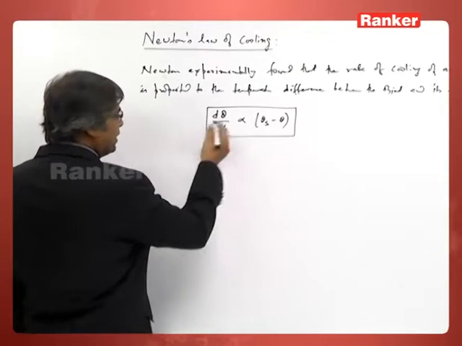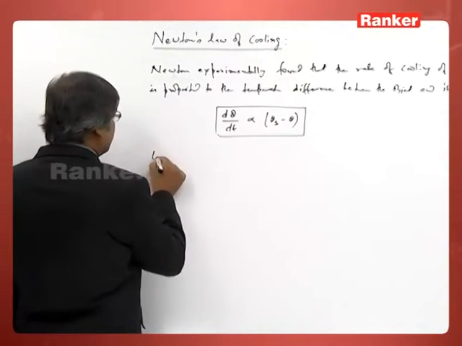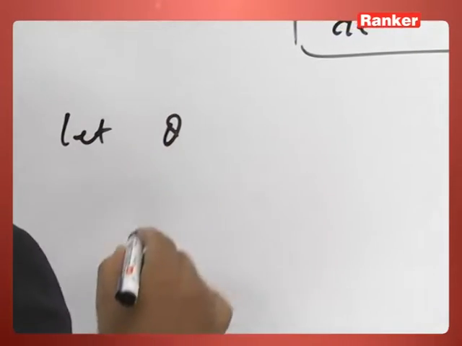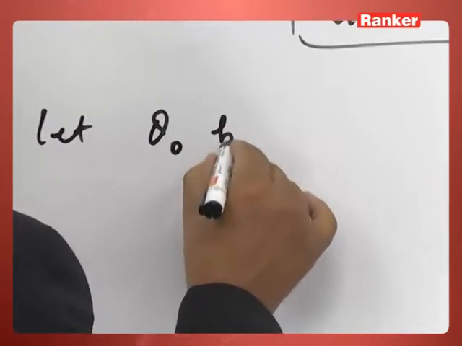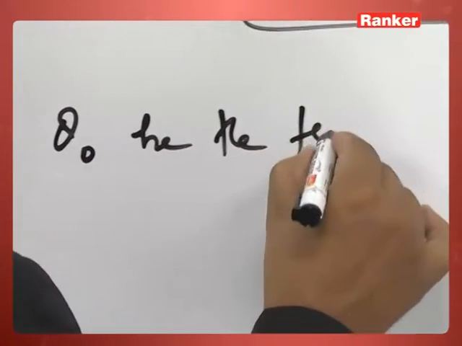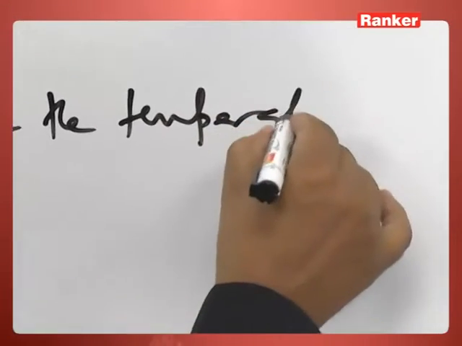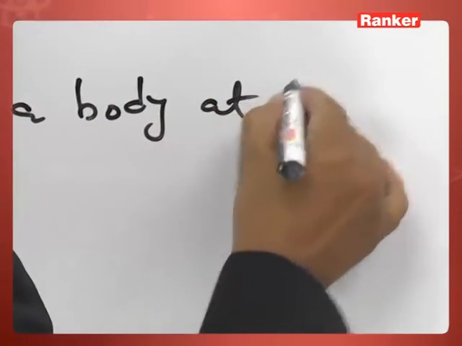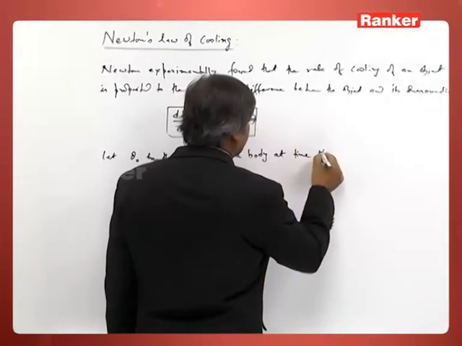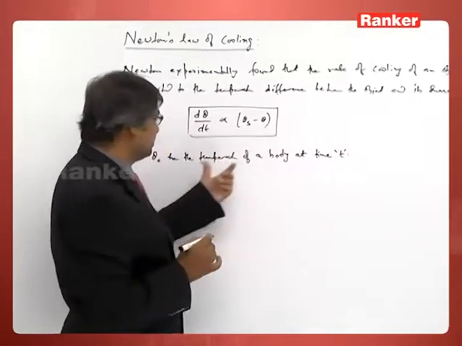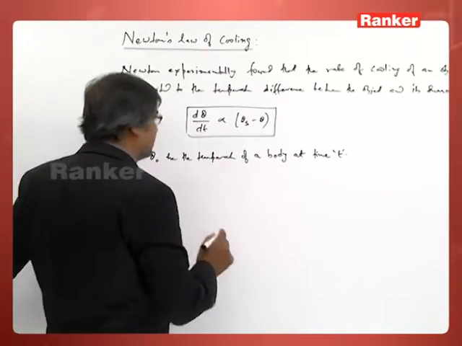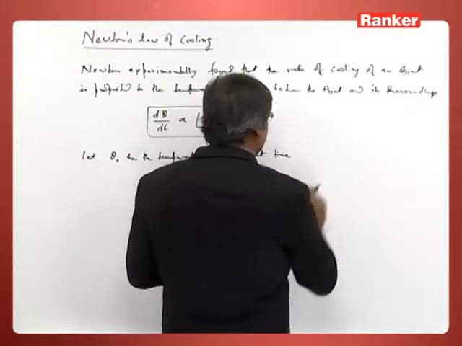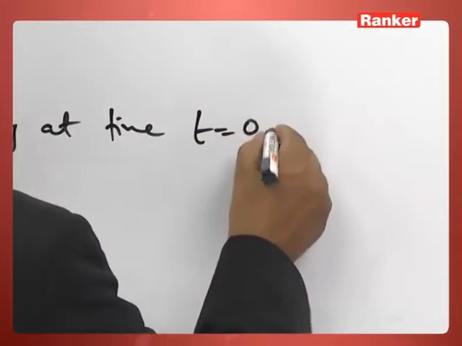In order to see how temperature varies, let theta naught be the temperature of a body at time t equal to 0.